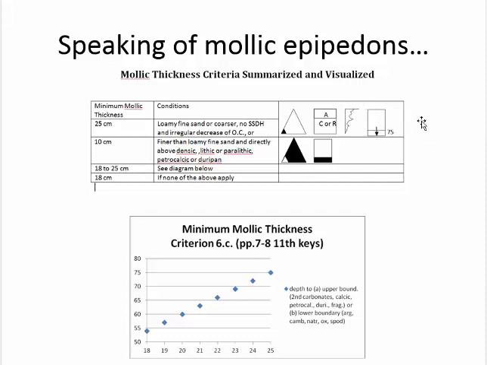So what I've tried to do in this chart is depict or dissect or portray differently these criteria 6A, B, C, and D that are on page 9 of your Keys to Soil Taxonomy.